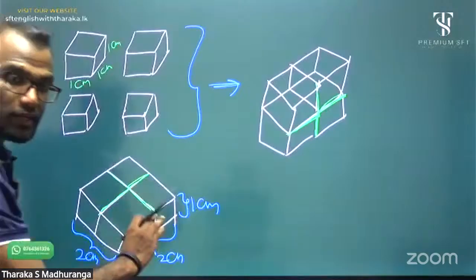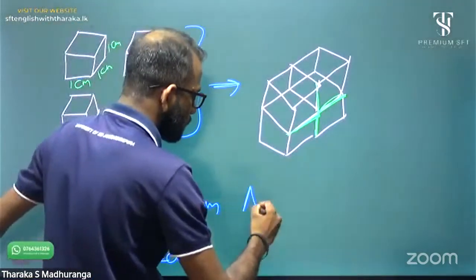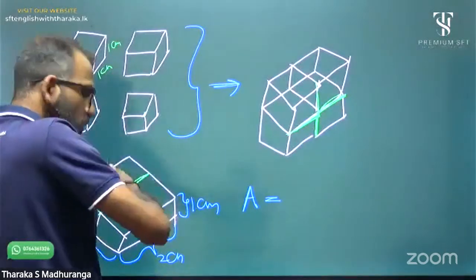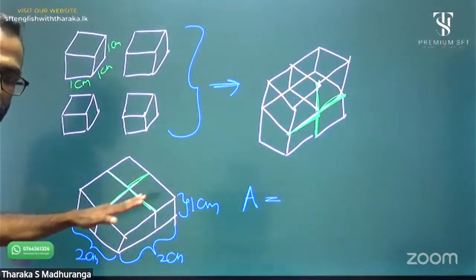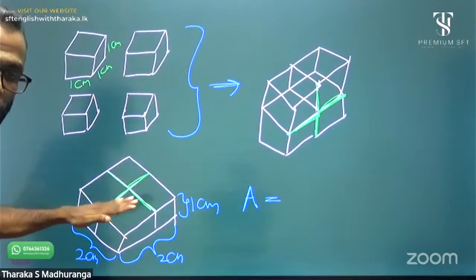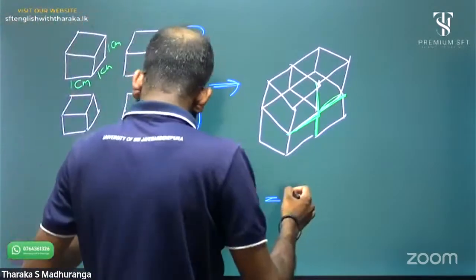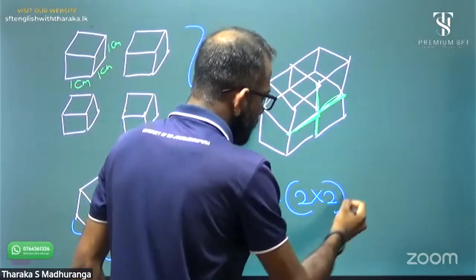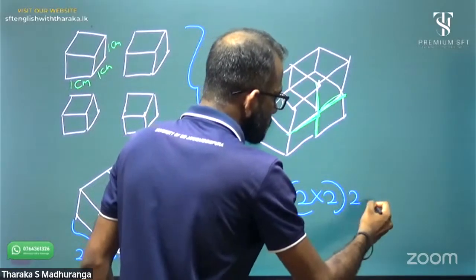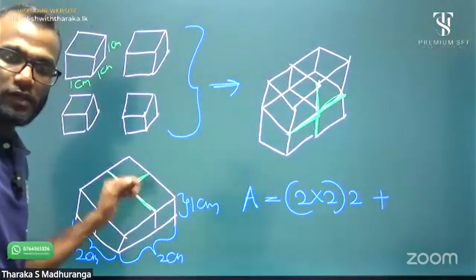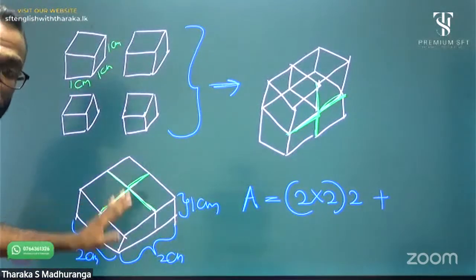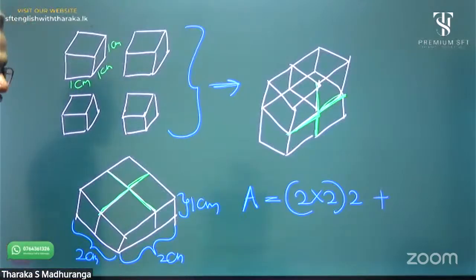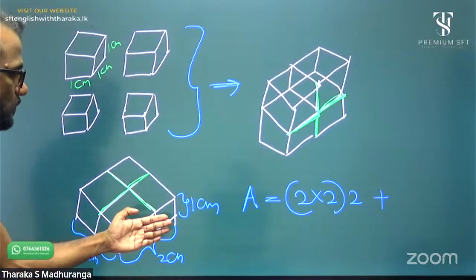Now you can get the area of this cuboid. First, the top face area is 2 into 2, and it's counted 2 times because there are two identical surfaces, the top one and the base one, of the same size.